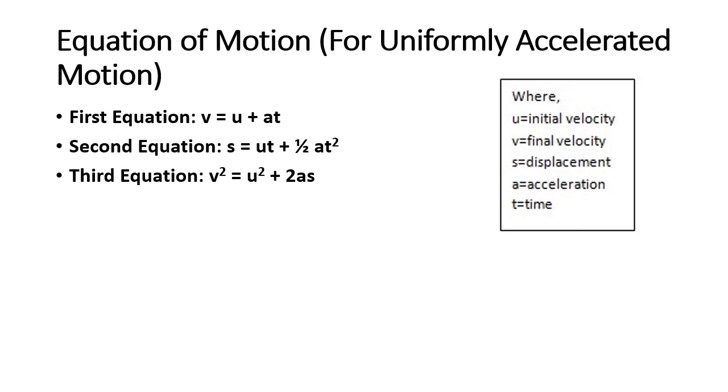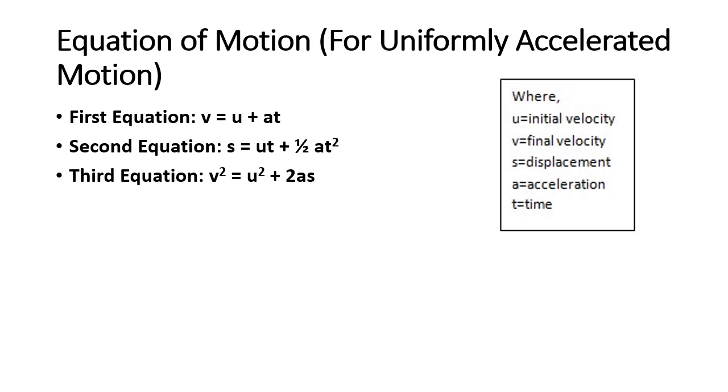First equation, V equal to U plus AT. Second equation, S equal to UT plus half AT squared. Third equation, V squared equal to U squared plus 2AS.